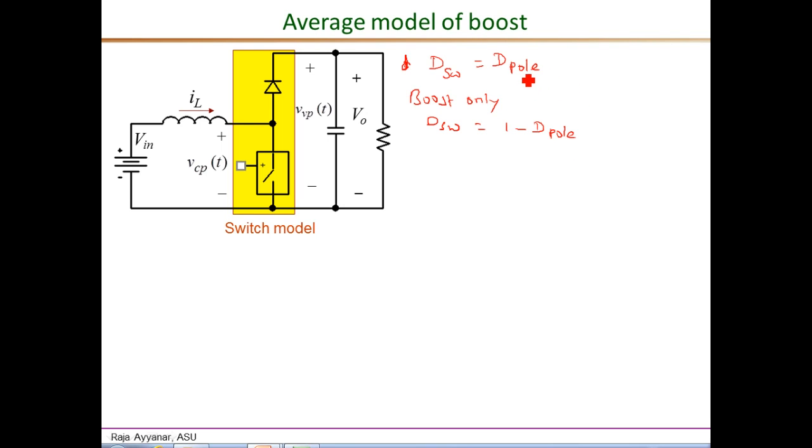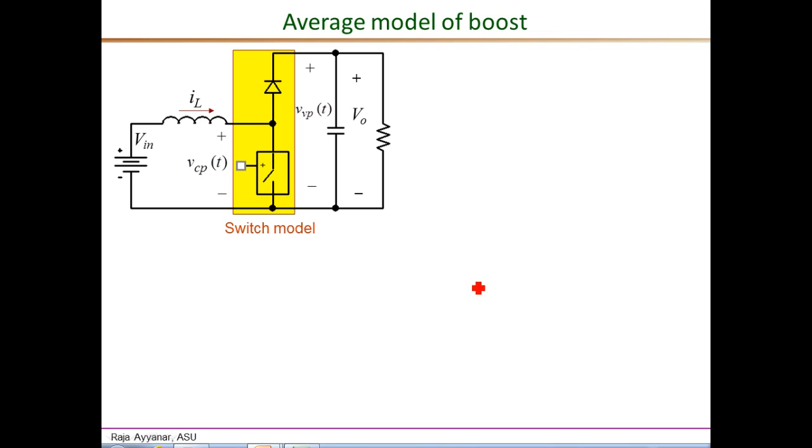That is because in all the other converters, when the switch is on, that connects the positive of the port voltage to the pole, whereas only in the boost converter, when the switch is on, it connects the pole to 0 and not to the positive end of VVP. Therefore, we have to define the D switch to be 1 minus D pole, and in the turns ratio for this ideal transformer, we should use 1 minus D instead of D.